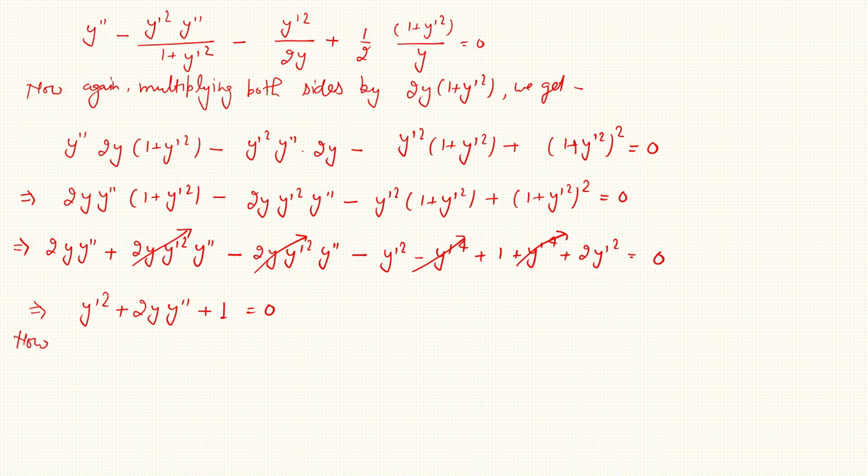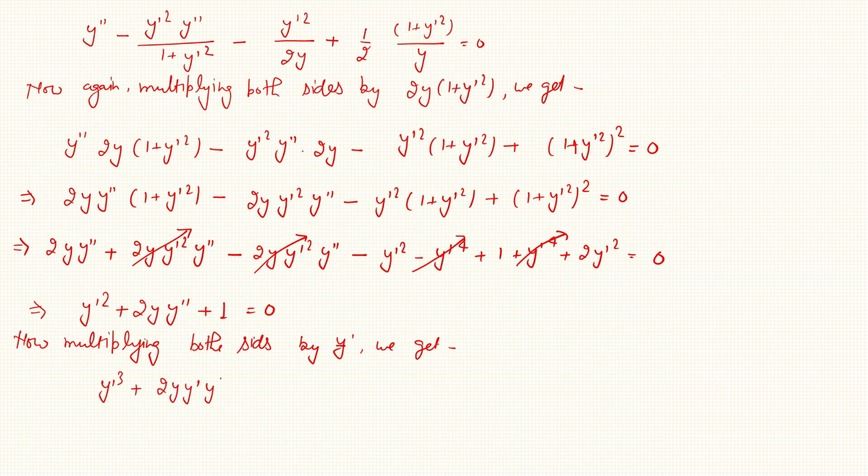Now multiplying both sides by y prime, we get y prime cube plus 2y y prime y double prime plus y prime is equal to 0.